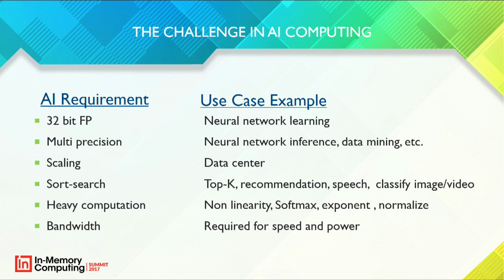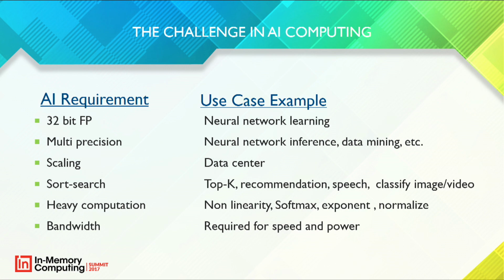We also need multi-precision. Sometimes we want to work on 2-bit, 4-bit, 8-bit, 16-bit, 32-bit, or sometimes we want to build a function that has 200-bit precision with a 50-bit exponent of floating point. We need this flexibility, which cannot exist in standard general purpose processors or GPUs.